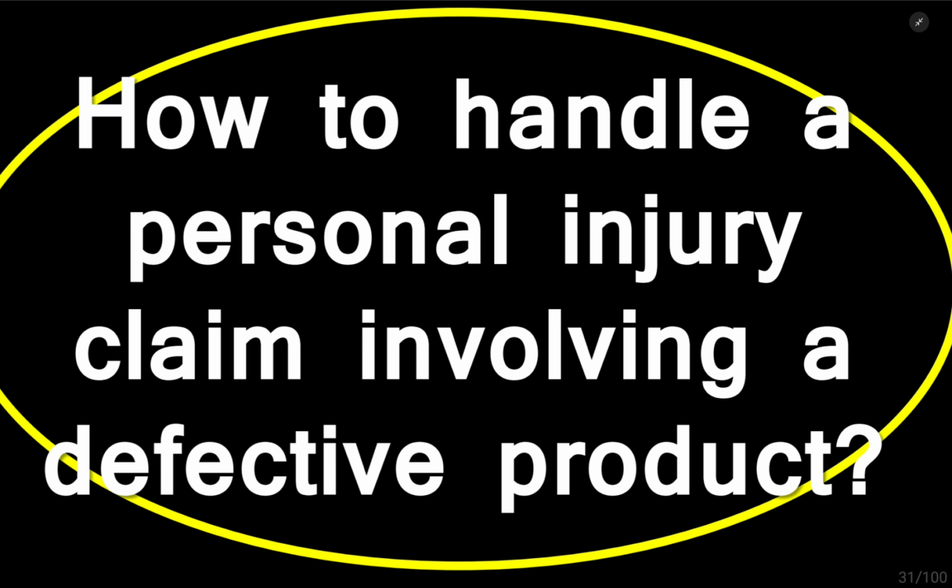Product documentation: retain the product's packaging, user manual, or instructions if possible. These can provide valuable evidence for proving the defect. Previous incidents: if there were any previous reports of similar injuries caused by the product, gather that information as well.